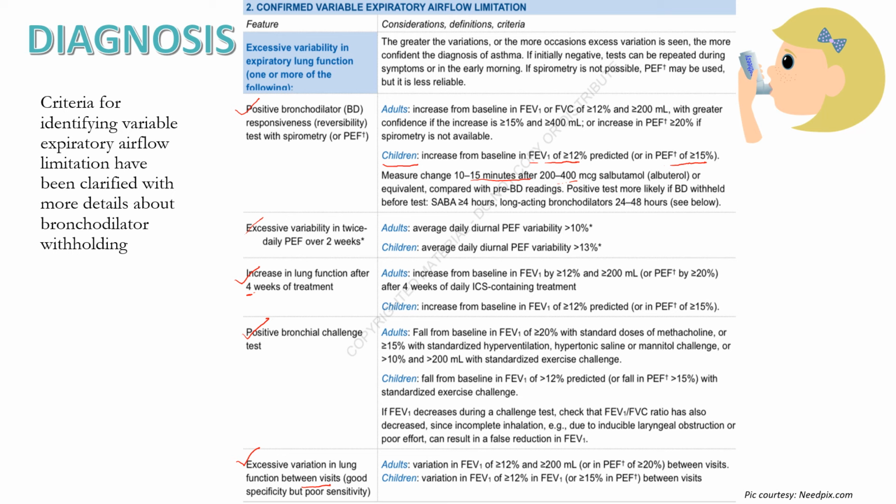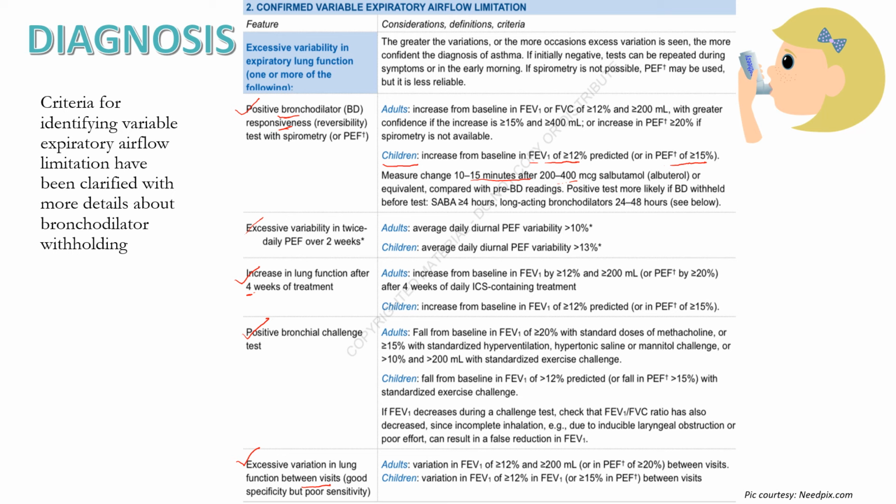And we know that 1 puff of salbutamol is 100 micrograms. So after administration of 2 to 4 puffs of salbutamol, if there is an increase in FEV1 of more than or equal to 12% of predicted, or increase in peak expiratory flow of more than or equal to 15% of predicted, then we say that the patient has a positive bronchodilator responsiveness and he may have asthma.